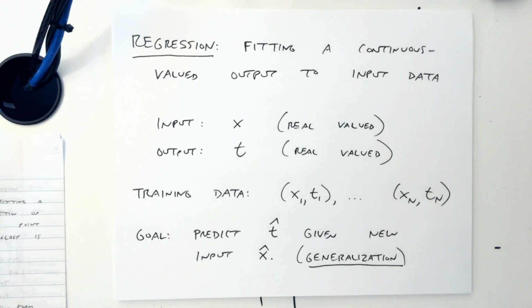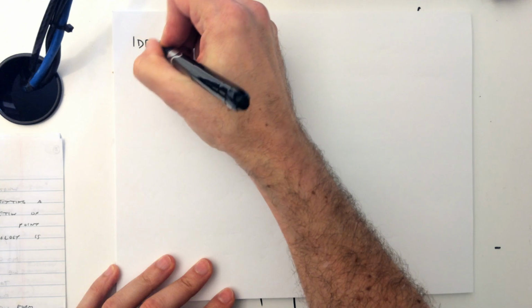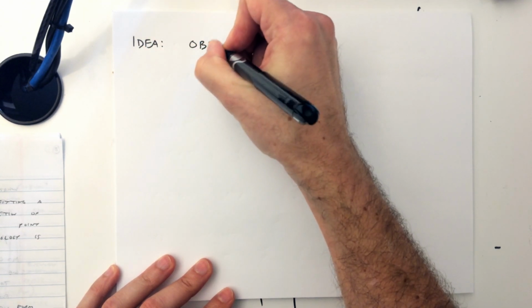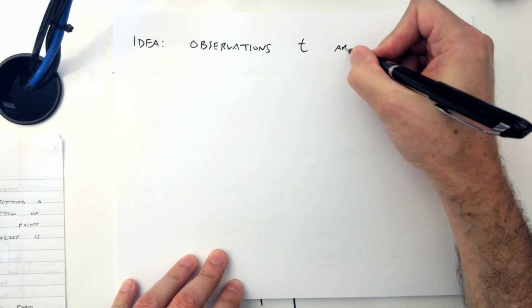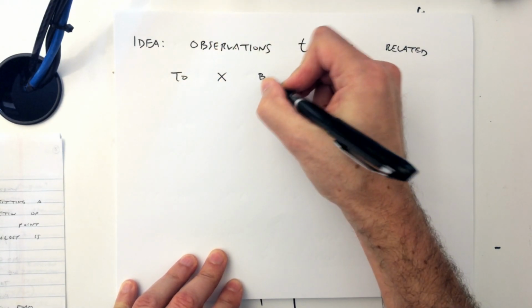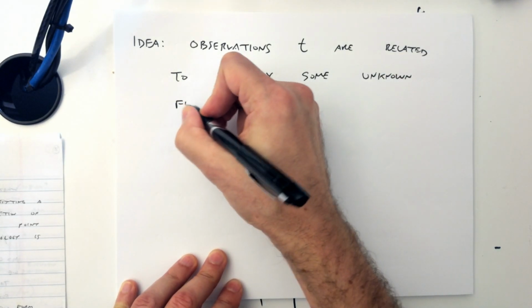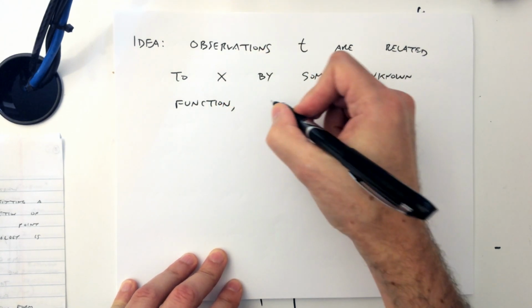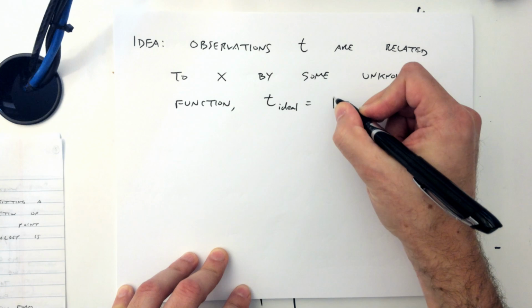A key idea is that the observations or outputs t are related to x by some unknown function. For example, the ideal t is just some nice function of x.